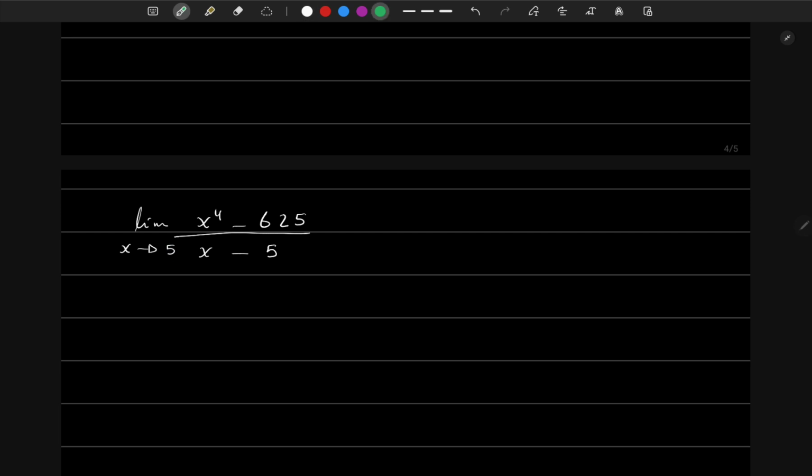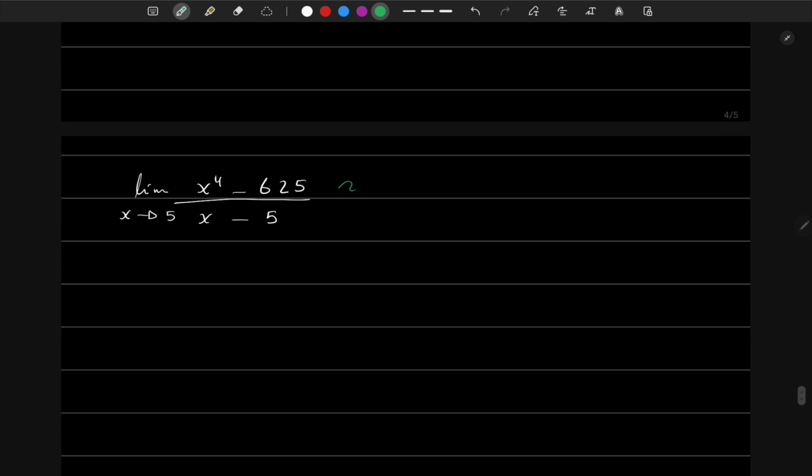If I adjust this expression a bit, I will find that it equals the limit of x to the power of 4 minus 5 to the power of 4 divided by x minus 5 when x approaches 5.